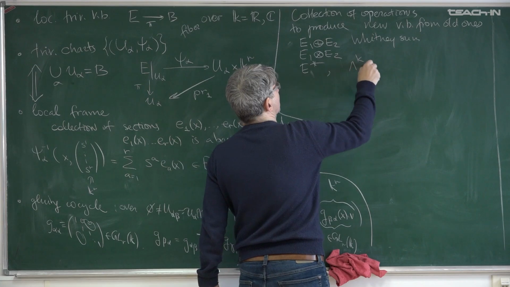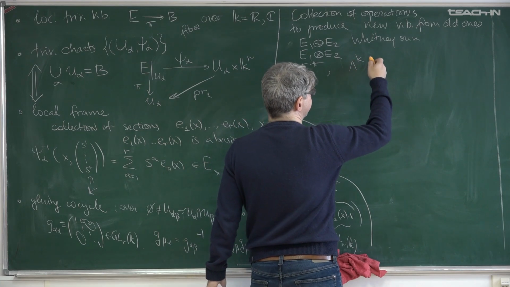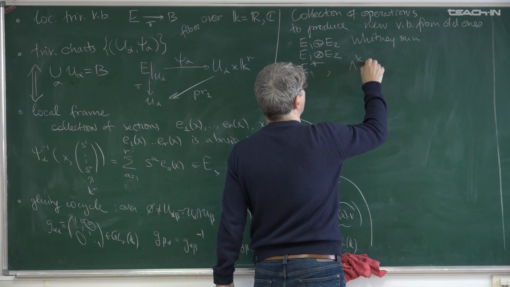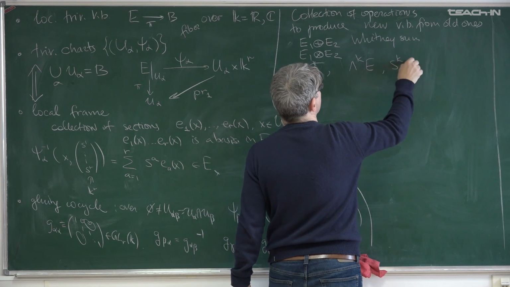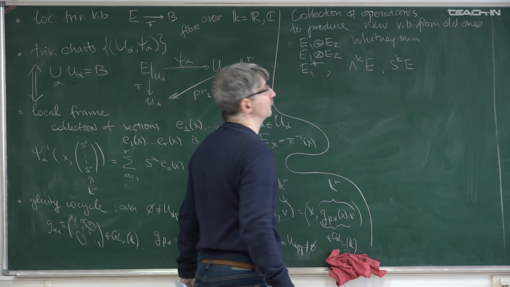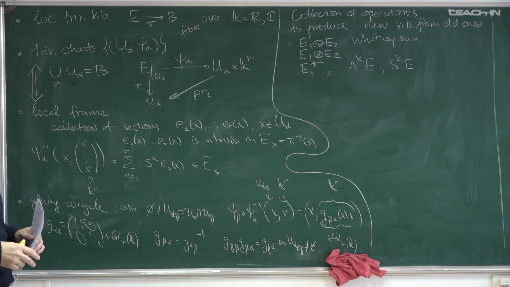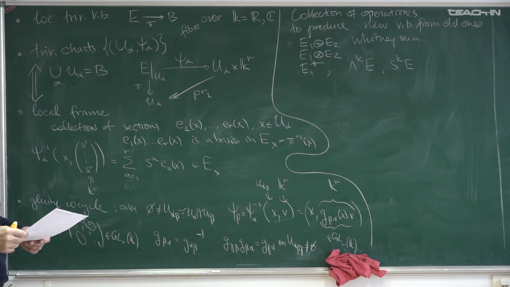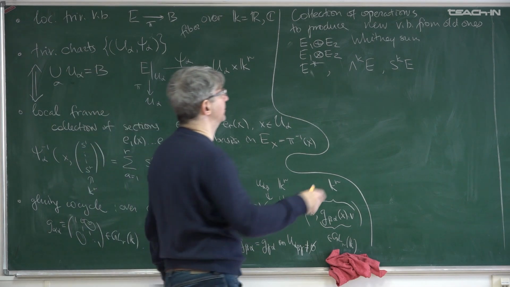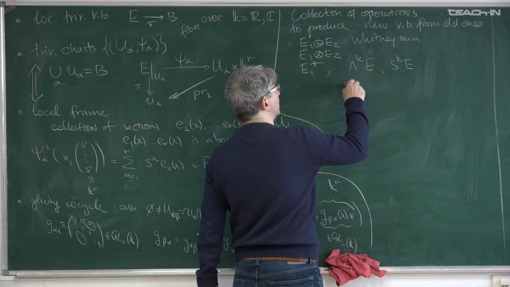Also, we can construct exterior power, symmetric power, and also we have yet one more operation. Could you tell me which one? Determinant. Oh, determinant is a particular case of this one, but okay.